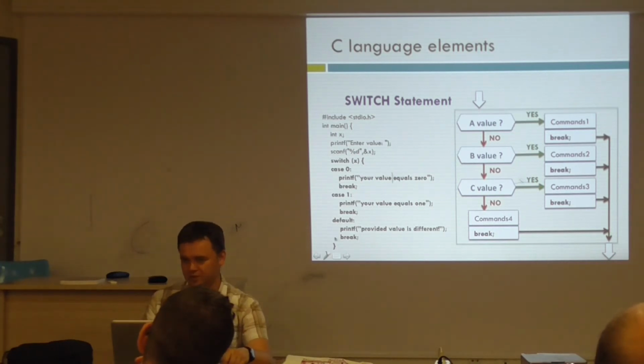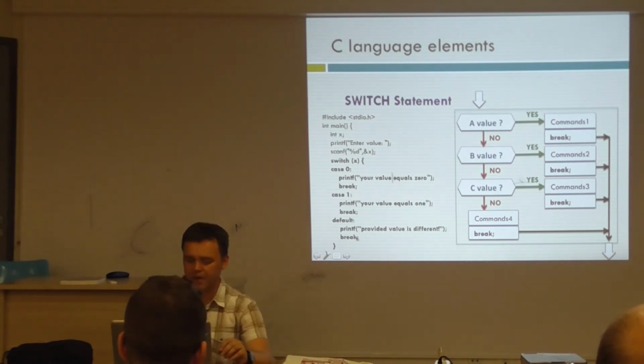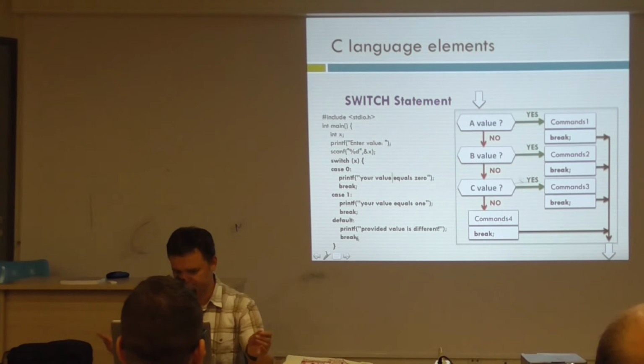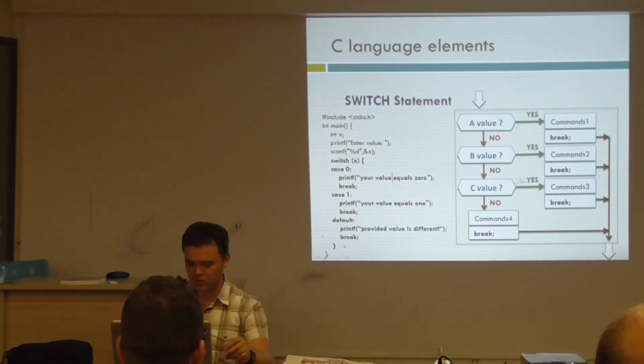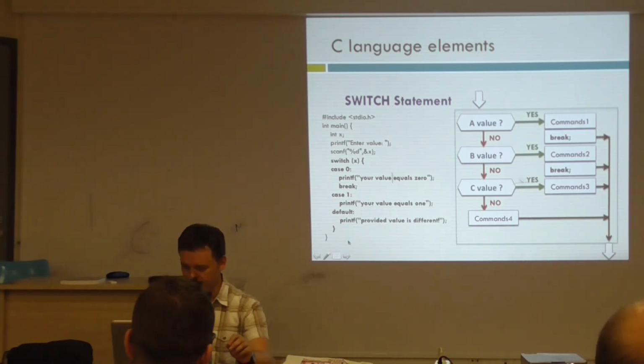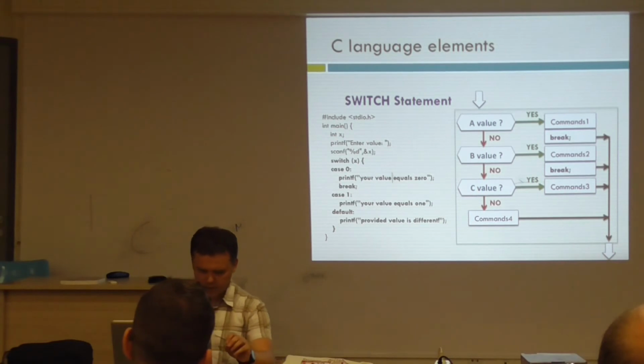Because it's the last possibility, so it doesn't make sense to add this break, but in many books you can read that it's a good idea. So you can follow it, or you can just remove it. But you can see there is some difference.